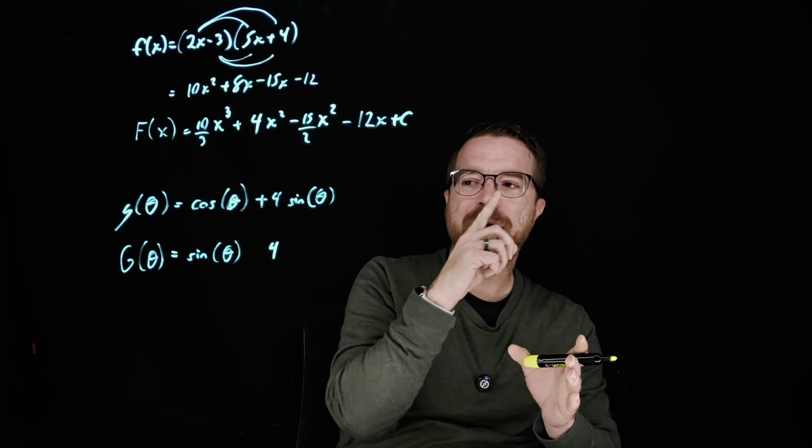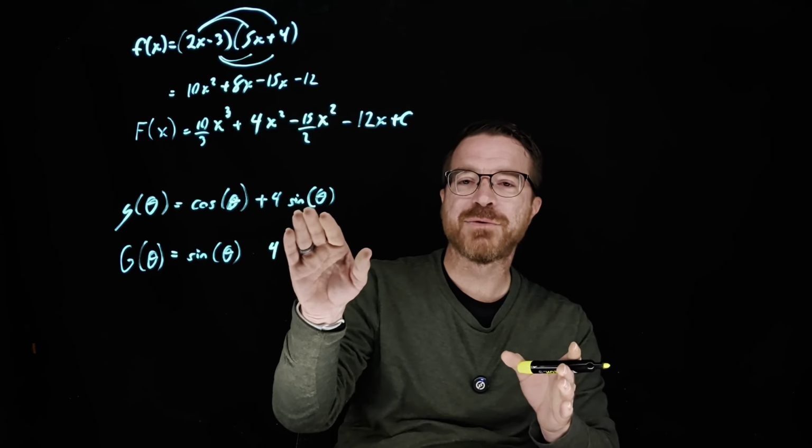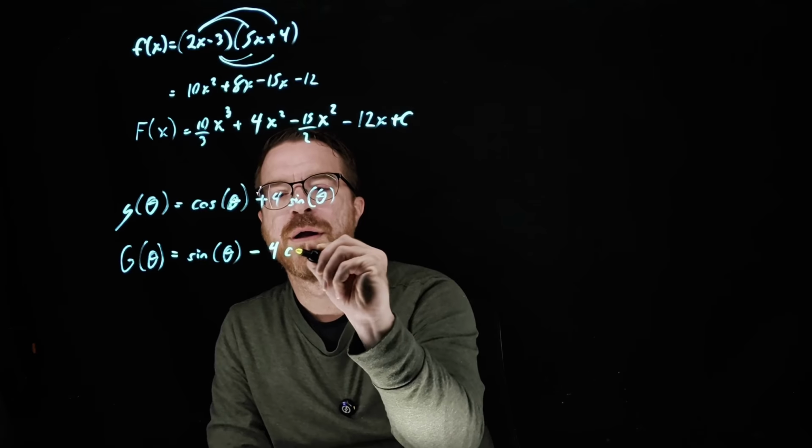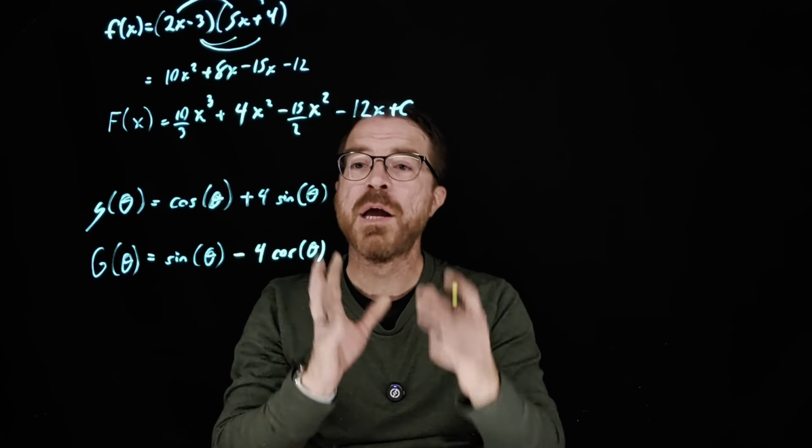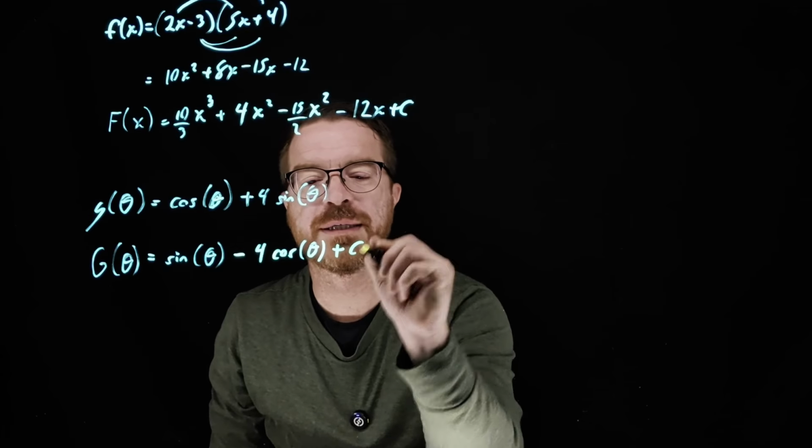So the antiderivative of sine would be negative cosine, right? Because if I took the derivative of negative cosine, it would be negative sine, which would be positive sine. This means that it's going to be minus 4 cosine of theta. And then, of course, as before, we still have to consider the plus c.